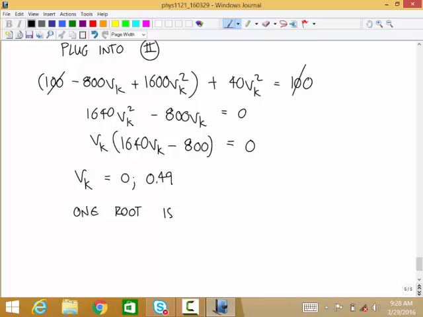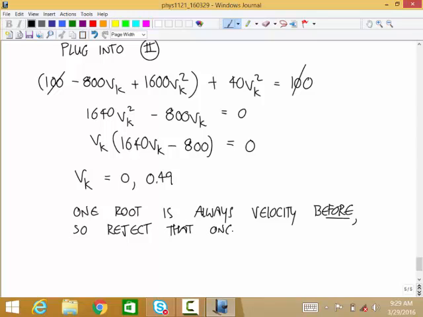We want the velocity after the collision. So one root is always the velocity before, so you want to reject that one. So VK is equal to 0.49 meters per second.